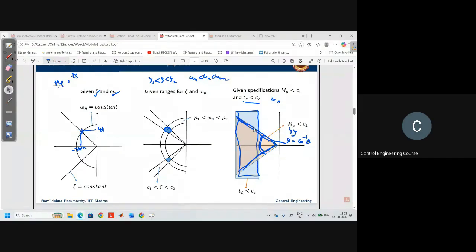That means this length is the omega n, right? So the intersection part is this part. This is your range of interest. So you need to place a dominant pole in this area, so that it will satisfy these two conditions.